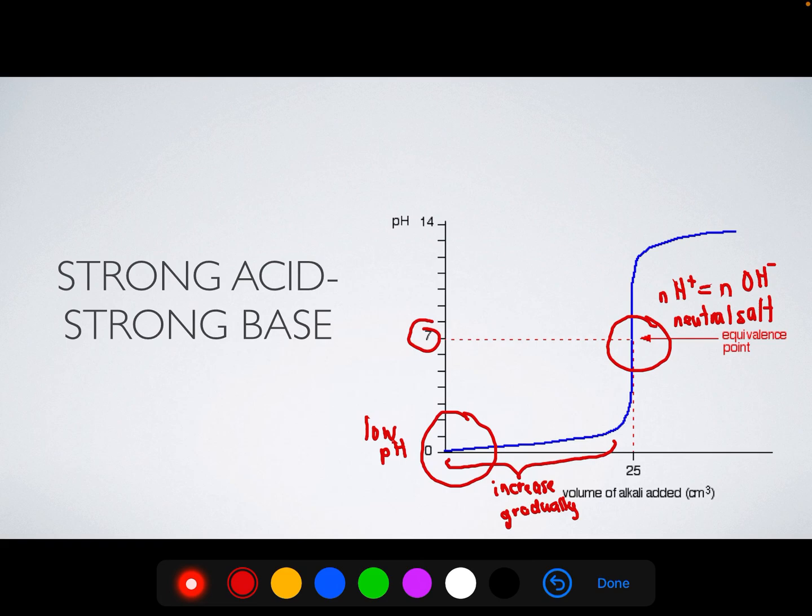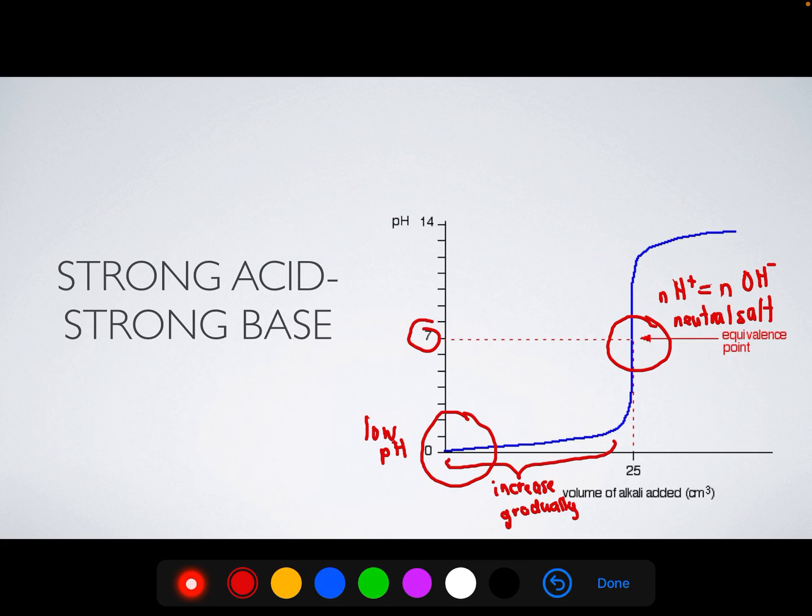situation where H+ and OH- are equal and the only thing available in our conical flask is neutral salt, so pada waktu ini any addition of titrant, okay, any addition of strong base akan menyebabkan kita punya pH tu berubah dengan sangat banyak.